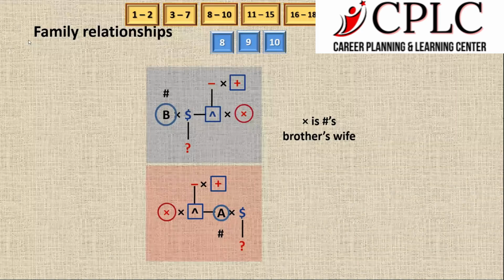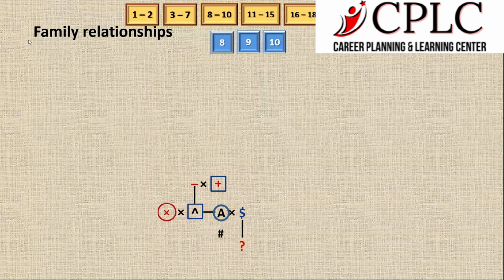Now, X is hashtag's brother's wife, so we can definitely eliminate the first possibility because this statement is not satisfying in the first possibility. And the second possibility is a definite possibility that we have. We don't know the gender of dollar, hashtag, and question mark, so we keep it as it is.